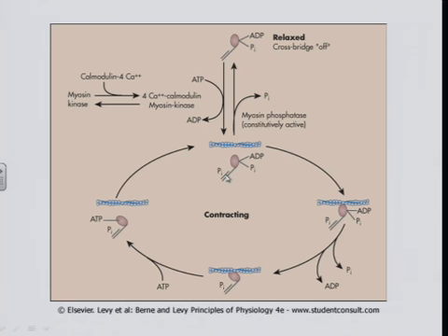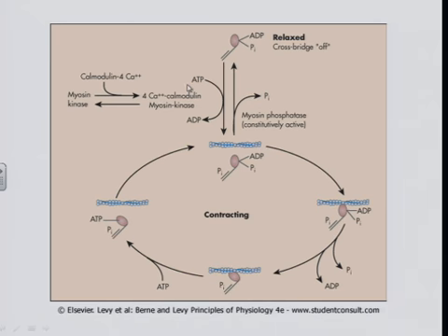So instead of moving the troponin-tropomyosin complex out of the way, you activate this, and it just starts cycling around, same as before. You end up in rigor down here if you don't have any ATP to unbind the head group and reset the whole process. But you don't need any calcium here.